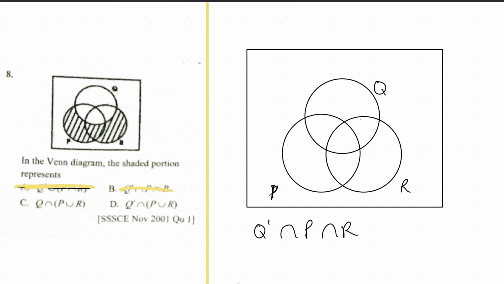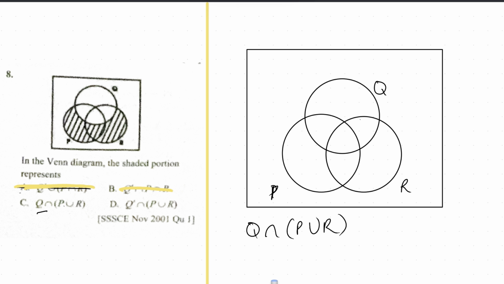Now let's go to the next one. The next one says Q intersection bracket open P union R. Okay, this looks good. Let's find out if that works. Q intersection bracket open P union R. First we need to find P union R, because that's in a bracket, right?